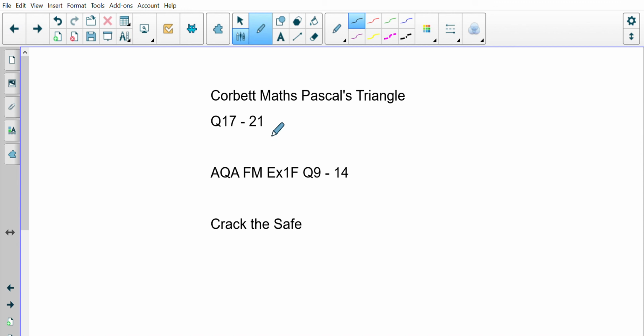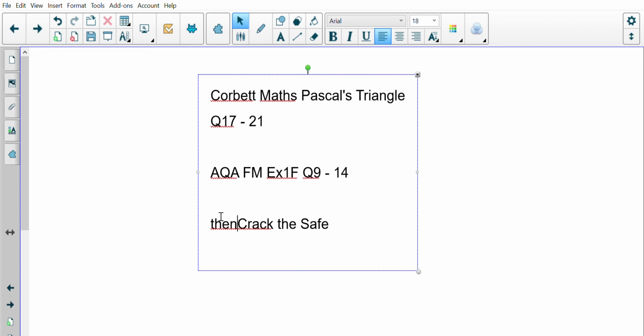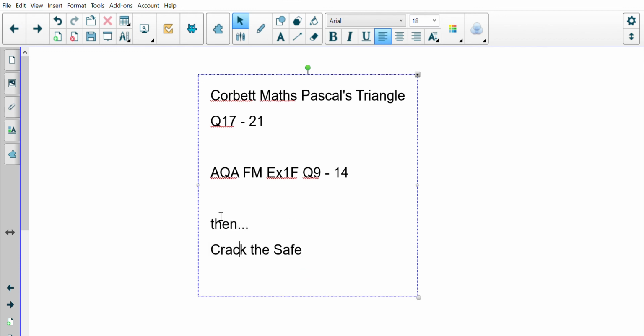Then I want you to do the AQA Further Maths textbook questions 9 to 14, and then you can do the Crack the Safe sheet on Teams, or you can do some questions from the A-level textbook, which is the AS core sheet, exercise 14, and that's going to be question 7 onwards.